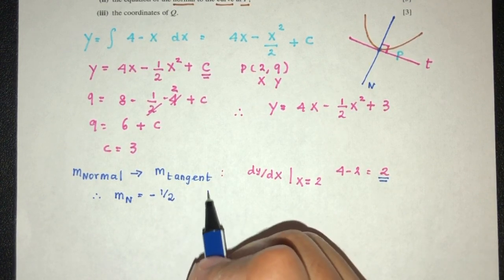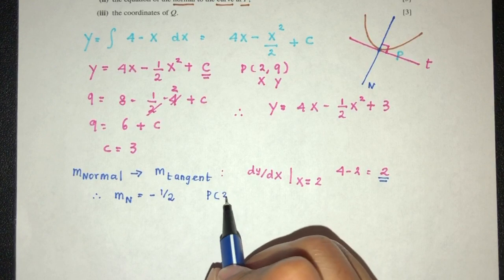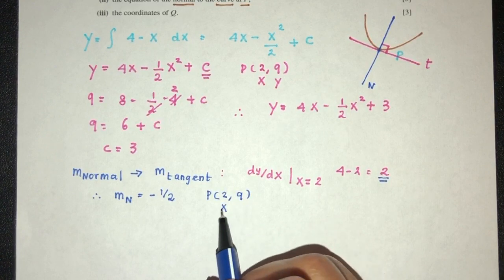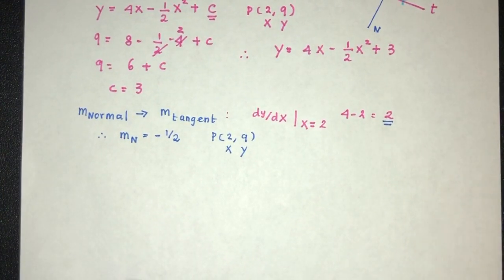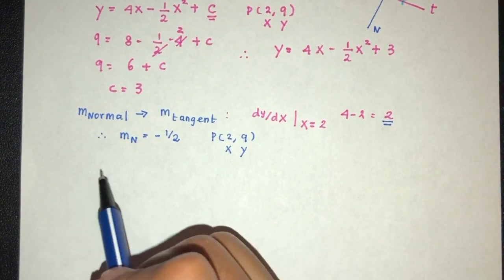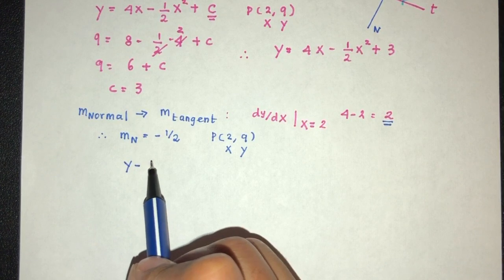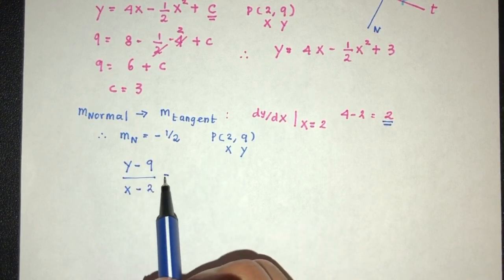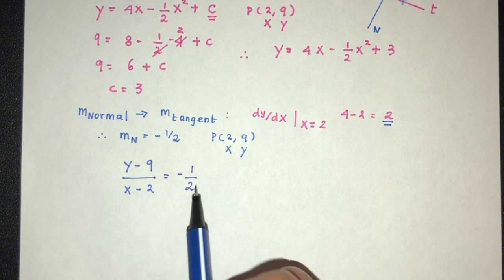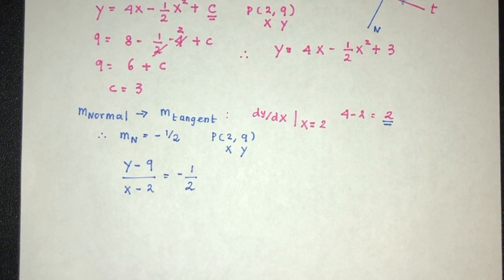And the passing point here, as we know, is (2, 9). This is my x value, my y value. I can use that to find the equation of the normal. So that should be y minus 9 over x minus 2 equal to the gradient. Again, this is just a way for me to find the equation of a line.